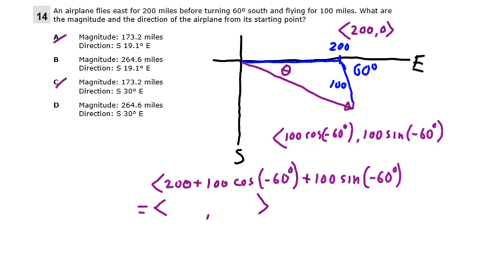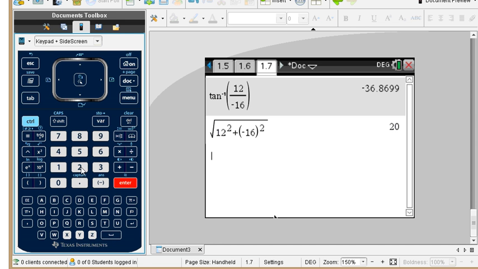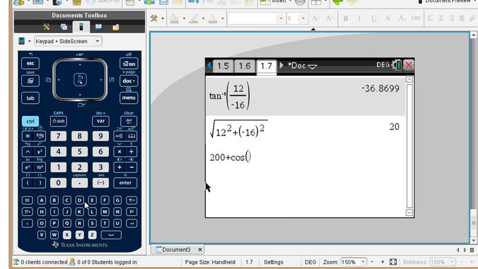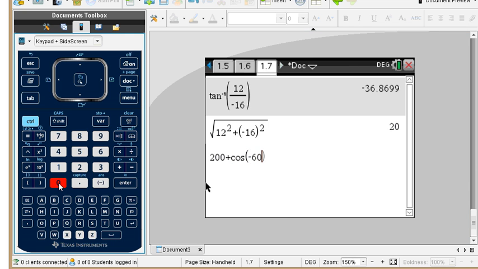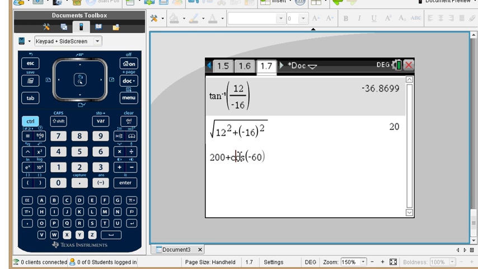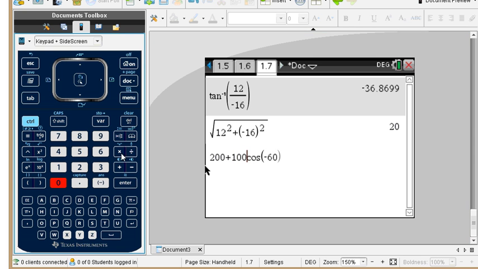So we go to it and we go 200 plus 100 times cosine of negative 60 degrees, and we are in degrees mode. And that's going to be our, get 250.